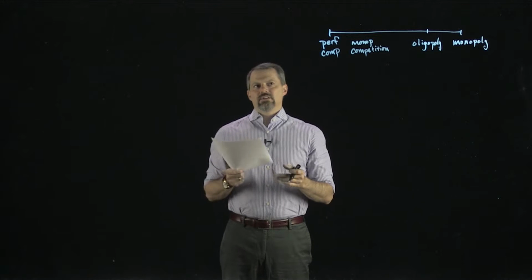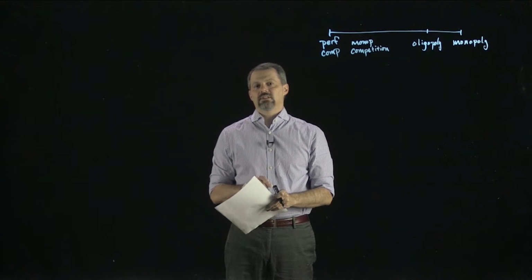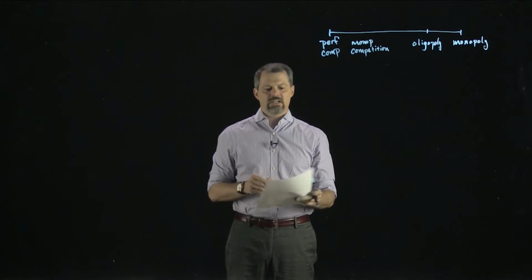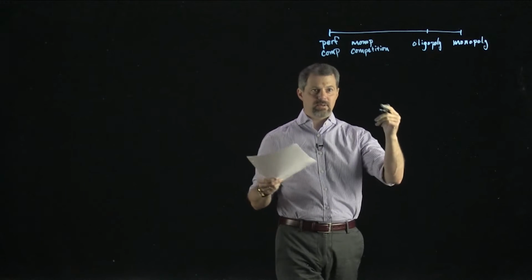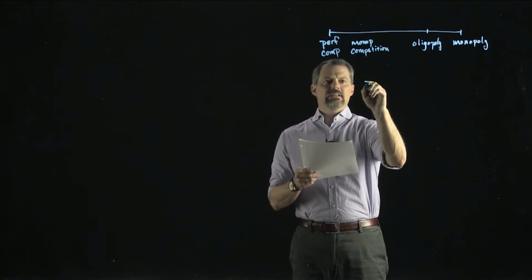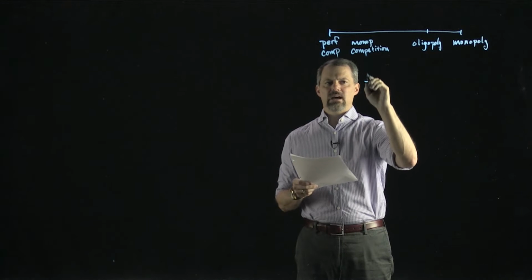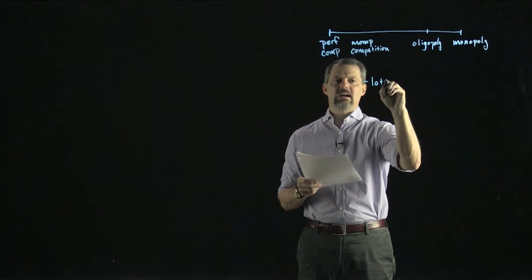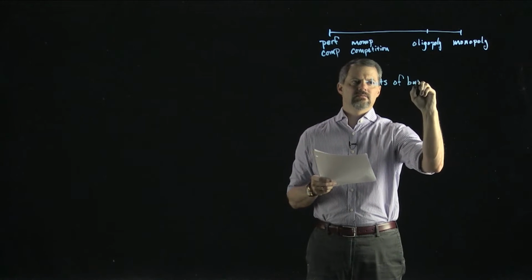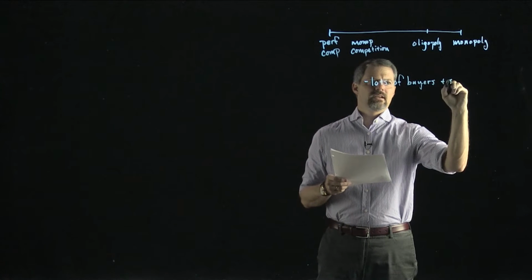Monopolistic competition is just like perfect competition, except the goods are going to be differentiated. So let's go ahead and think about the characteristics. In this type of situation with monopolistic competition, there are lots of buyers and sellers.